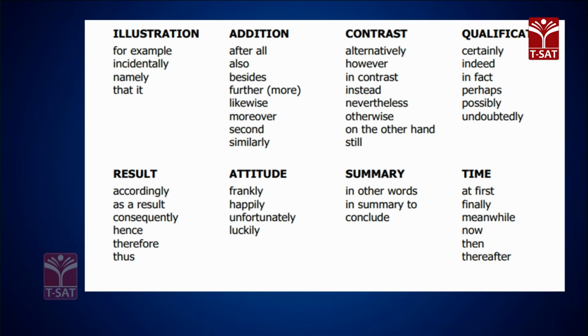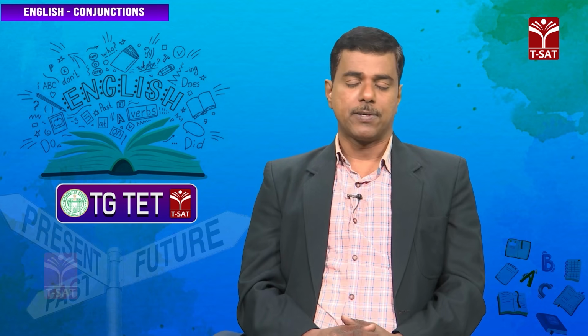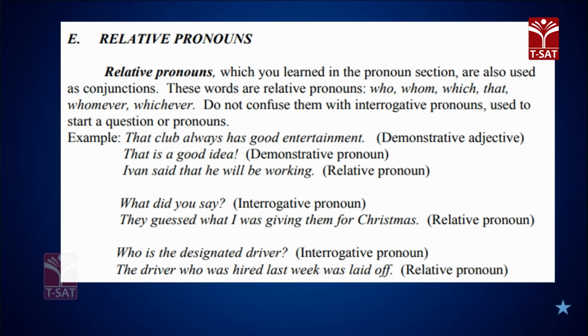And these are some of the conjunctions with reference to different contexts in the sentence. And relative pronouns are also used as conjunctions. I have given you brief examples. So please follow them and try to improve your knowledge about conjunctions.